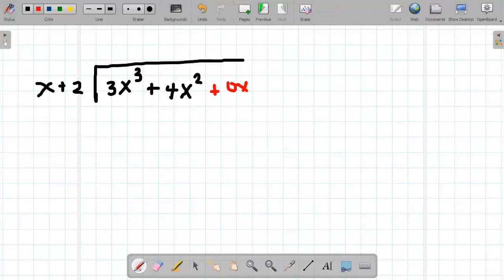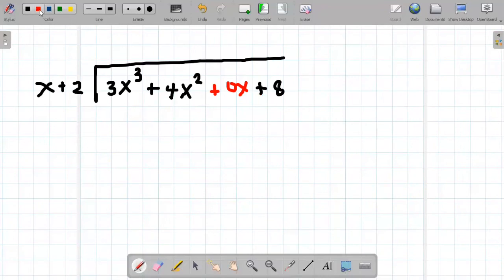This is with respect to our missing term, because it's missing. So if the x cubed is missing, we write 0x cubed. If the x squared is missing, we write 0x squared. But this time, since the x is missing, we write 0x because we don't have that. Now you have this so that you won't get confused in your division later.